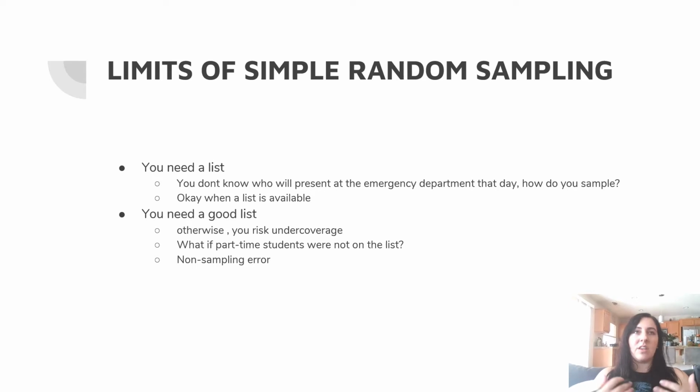But anyway, also, if you don't have a good list, you risk having undercoverage and having non-sampling error in your study, all right? For example, one time I needed to gather information on faculty, okay?